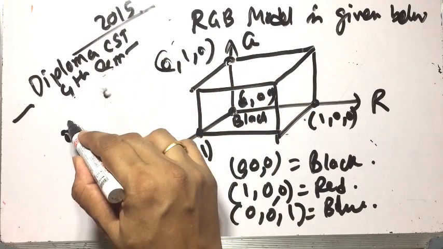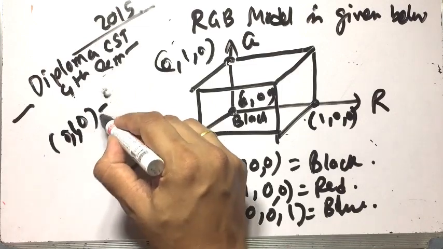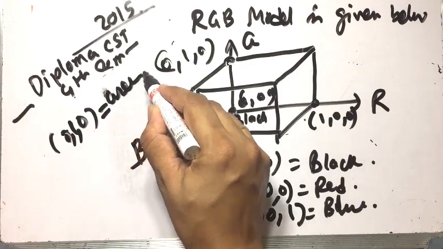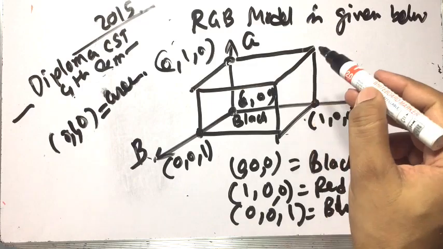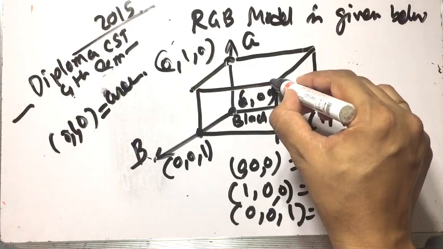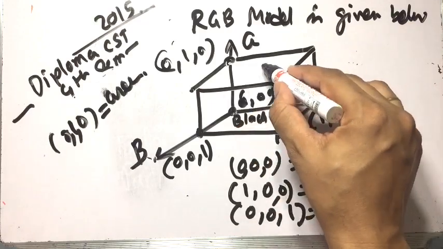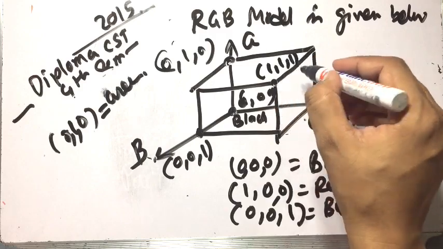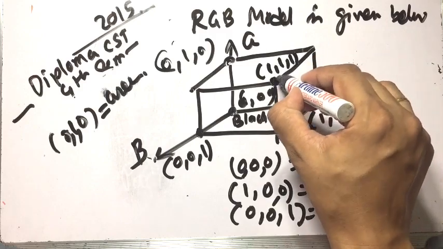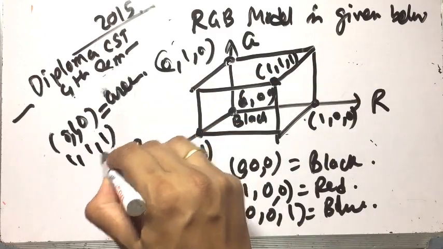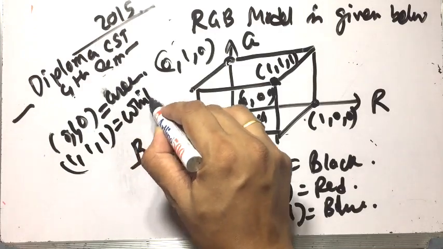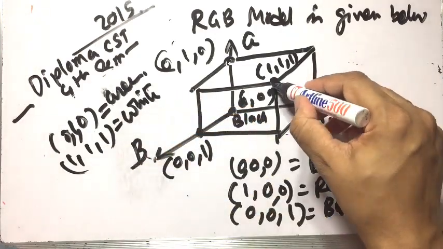Now where X, Y, and Z are all 1, this point 1, 1, 1 means white.